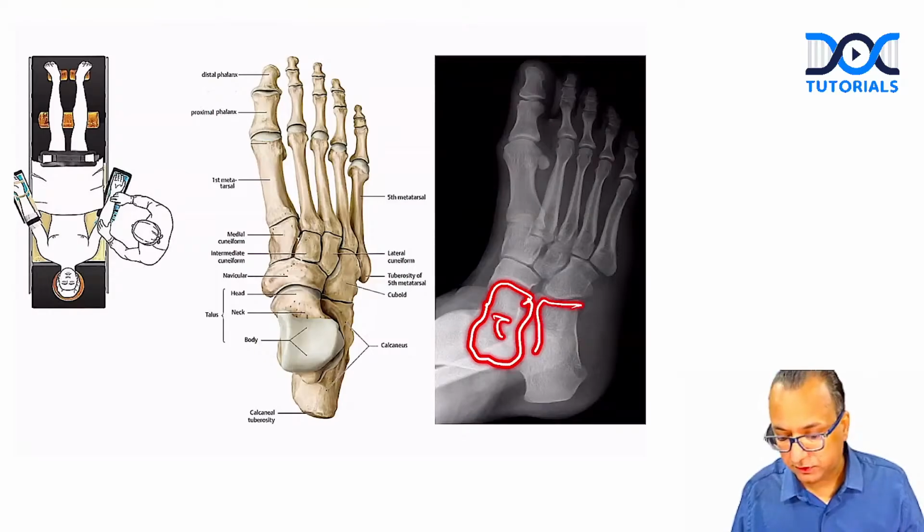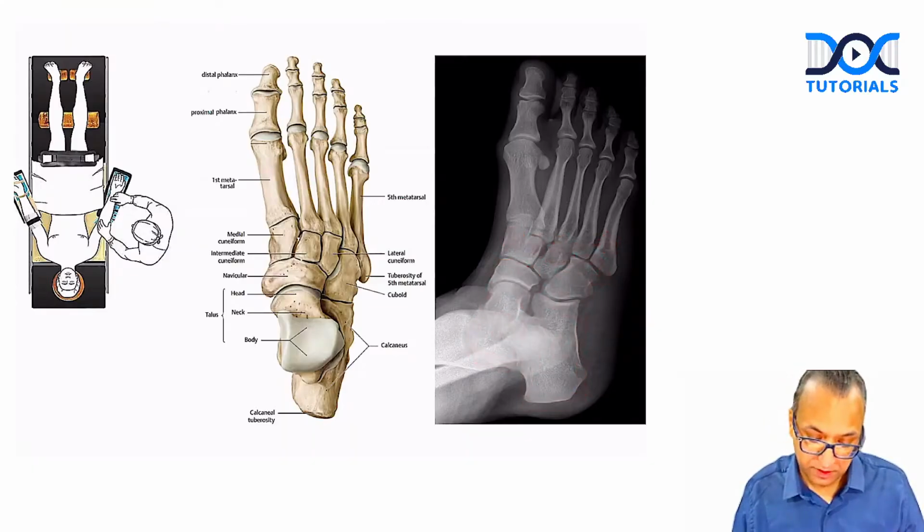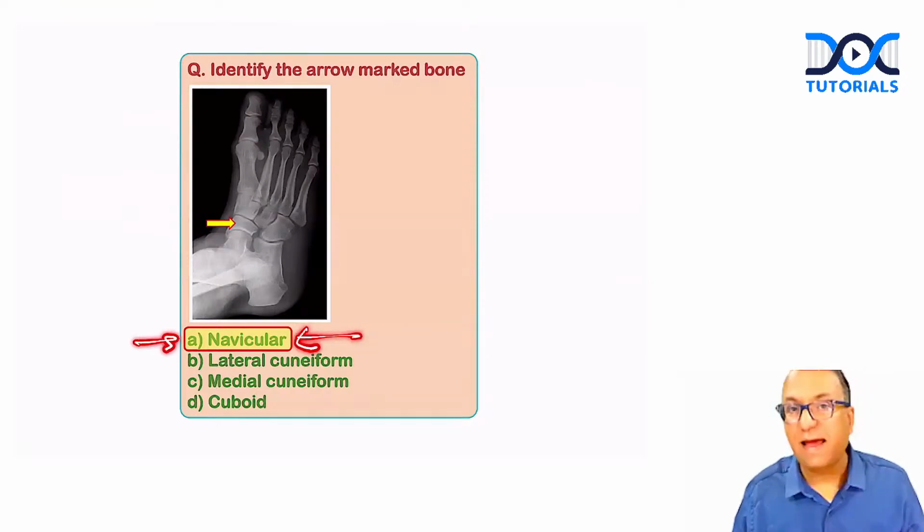So talus, calcaneum, cuboid, navicular, medial cuneiform, middle cuneiform, and this is lateral cuneiform. Lateral is towards the little toe. All the things are given here also. So they were marking the navicular, the boat-shaped bone towards the great toe.